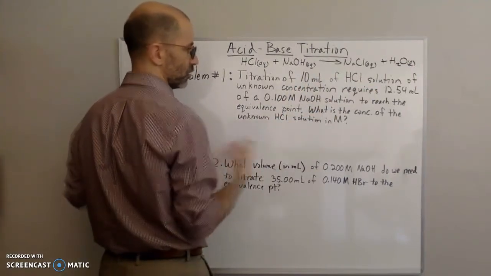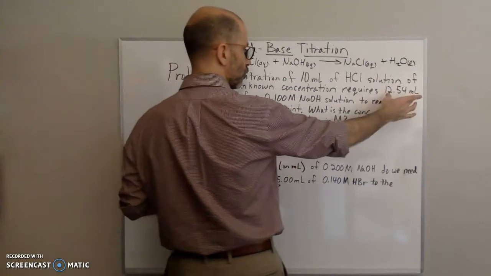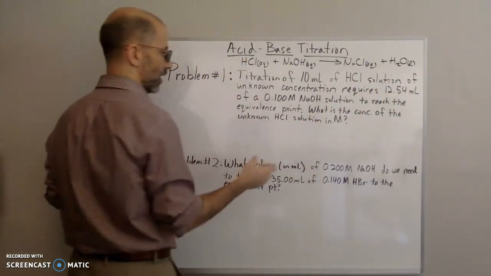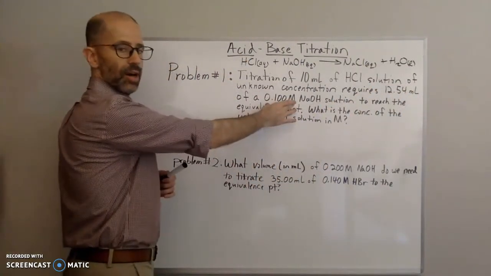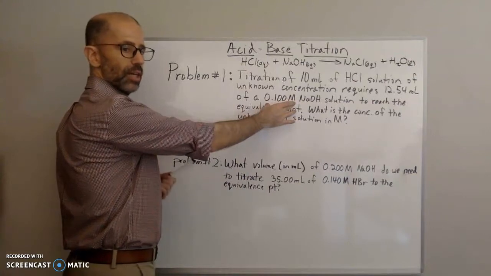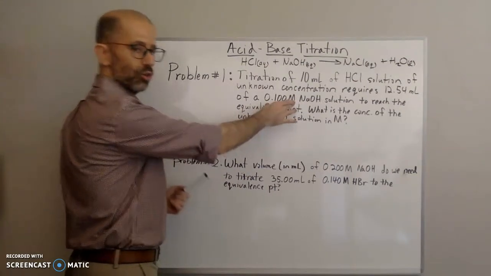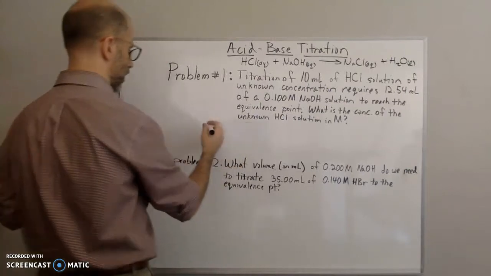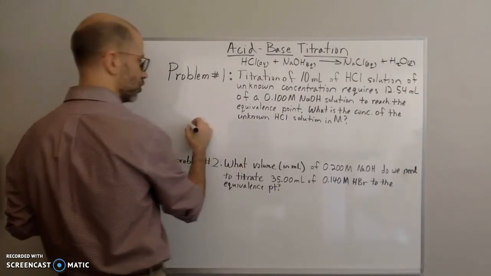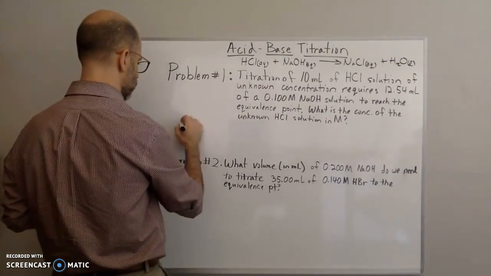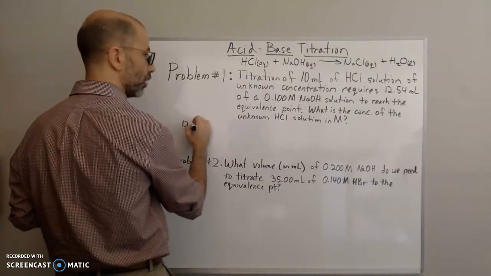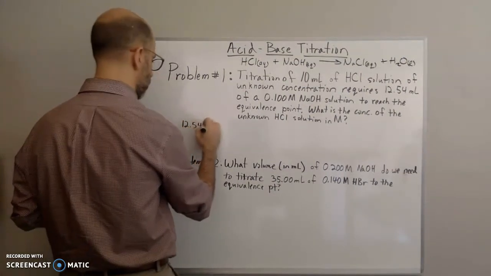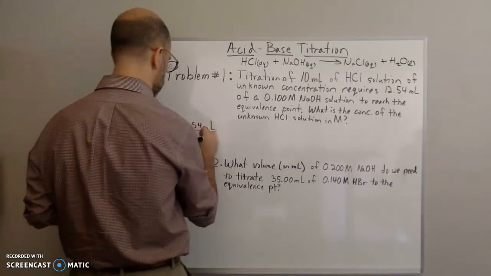Because we don't know the molarity. But we do know the volume of our NaOH, and we do know the molarity of our NaOH, so we can use the molarity of the NaOH to convert from volume to moles of NaOH. So we start with the volume: 12.54 milliliters over 1.